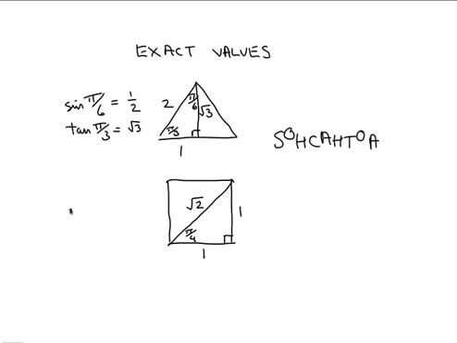So again, things like cosine of pi upon 4 can be worked out. Adjacent over hypotenuse, 1 over root 2, and so on. So that's exact values for pi upon 3, pi upon 6, and pi upon 4 by these diagrams. You'll see them later when I do some worked examples.